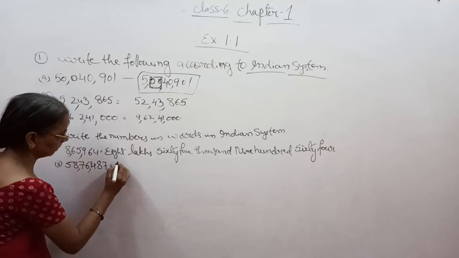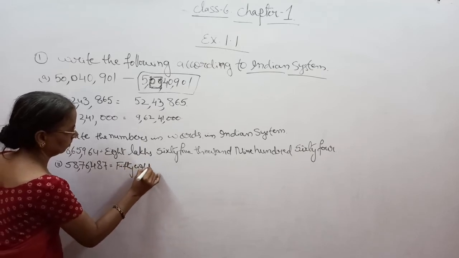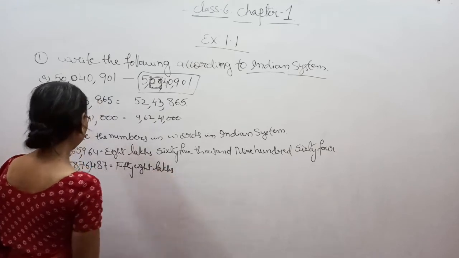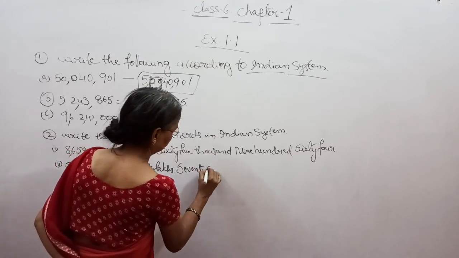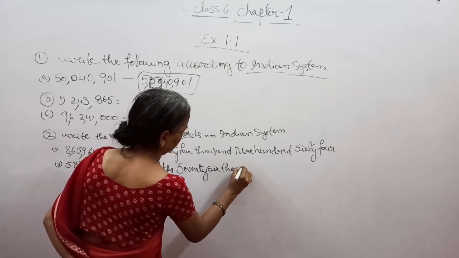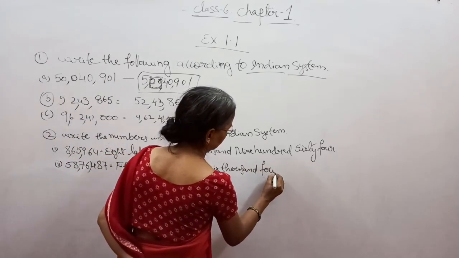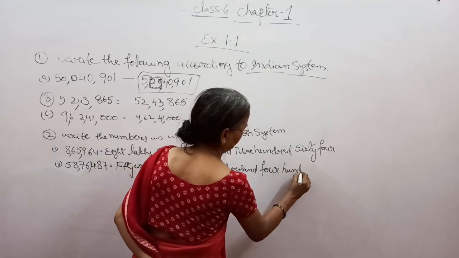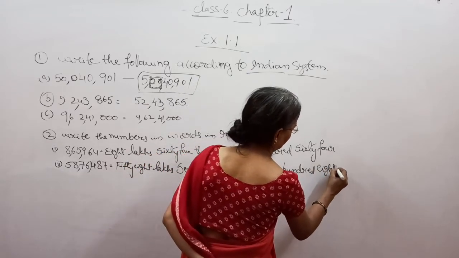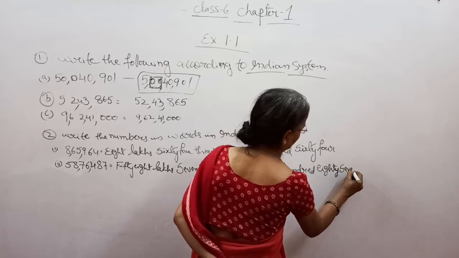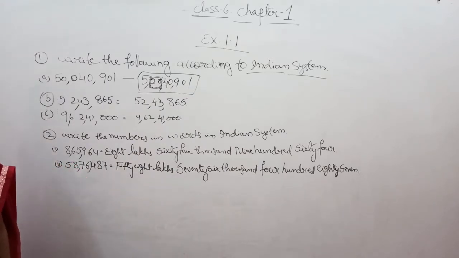That is 58 lakhs 76,000 400 87. Like this, we have to write the numbers in the Indian system in words.